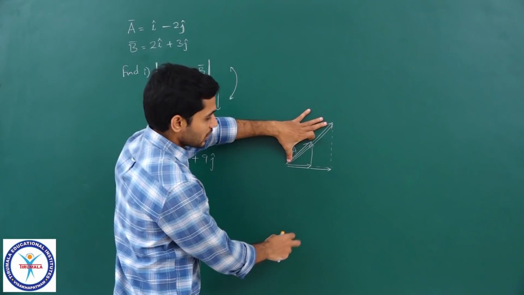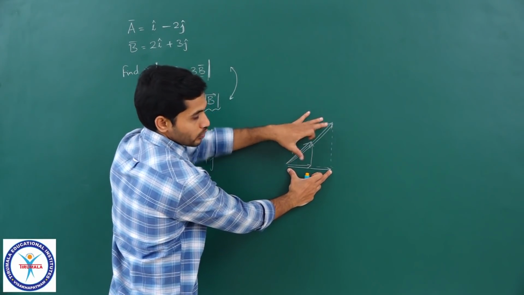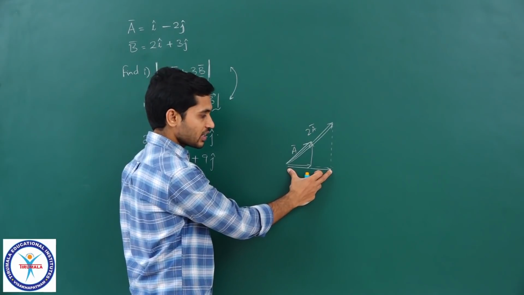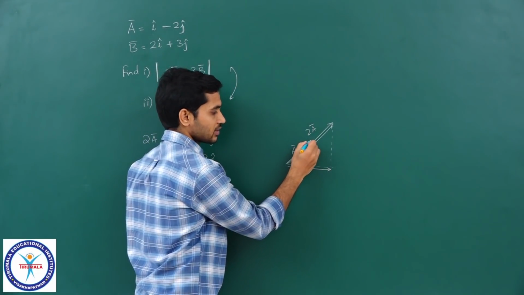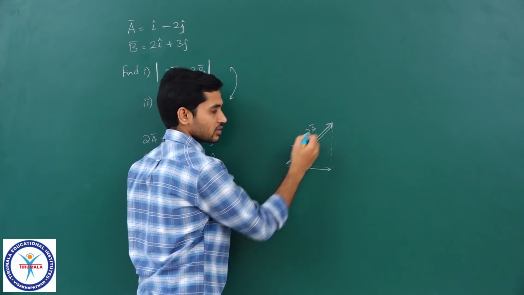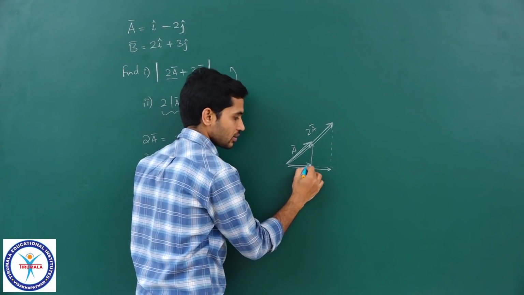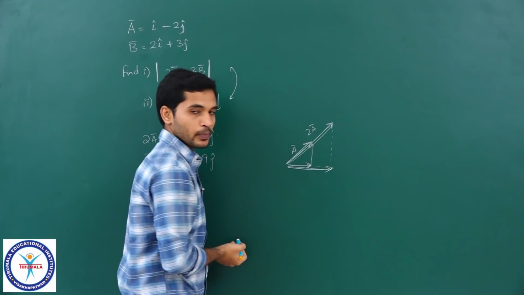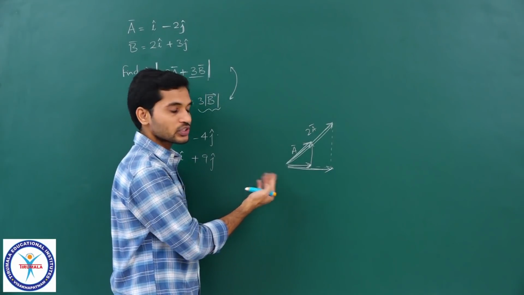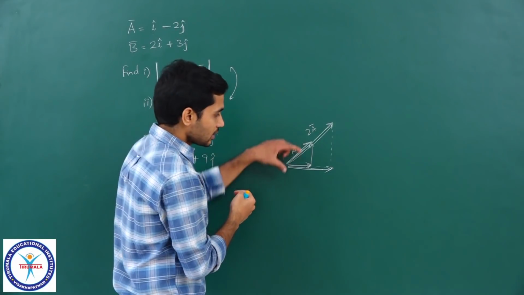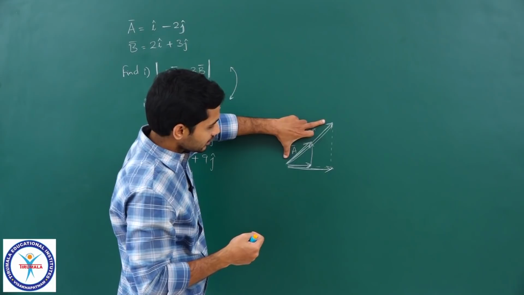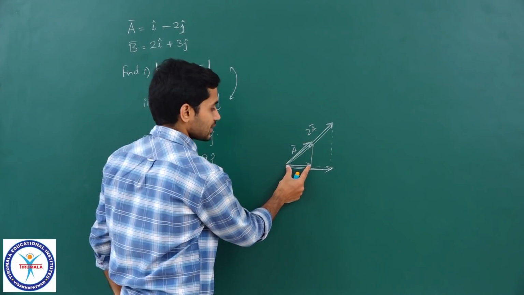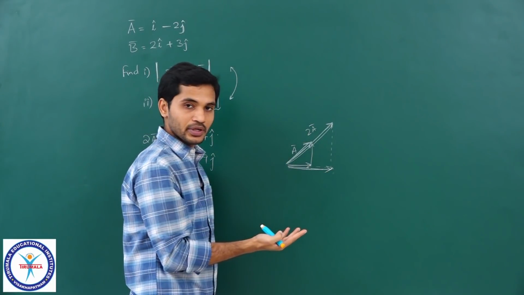Now, can I definitely say that if this length is half of this length, then this length will be half of this length? Do you understand what I am saying? I am just using the concept of similar triangles. This length by this length is 1 by 2, which means this length by this length will also be 1 by 2.